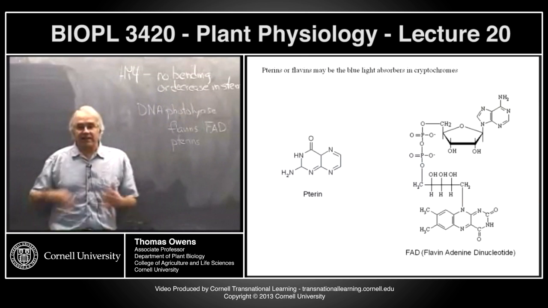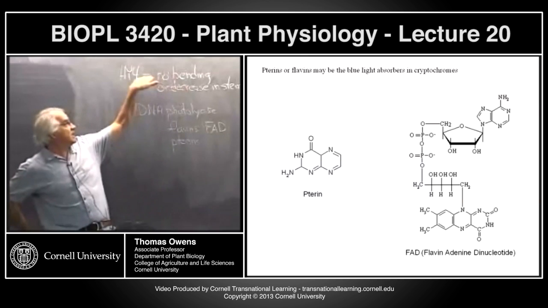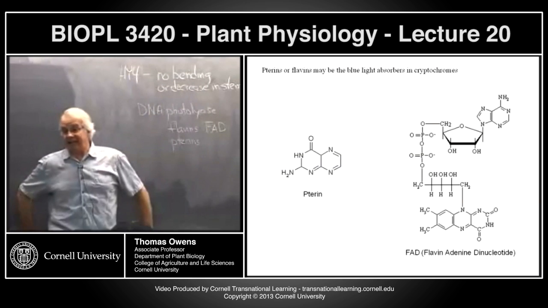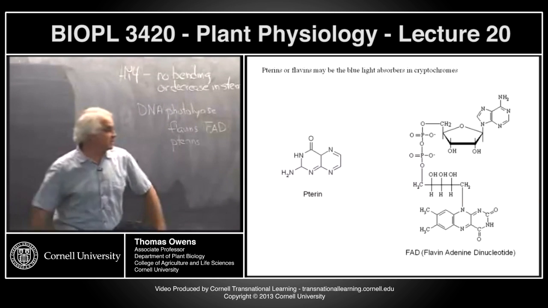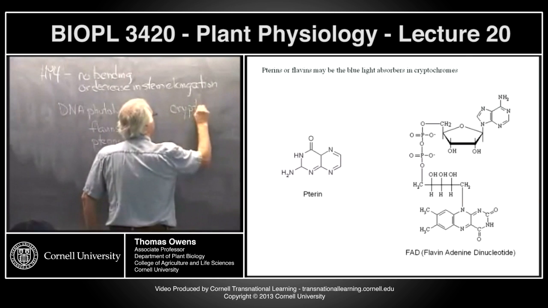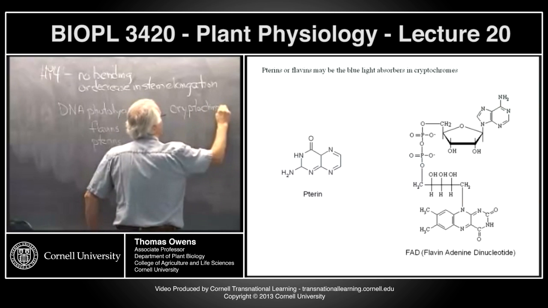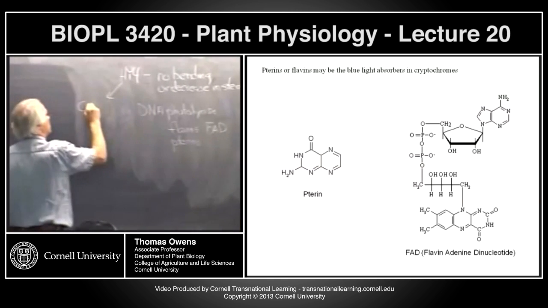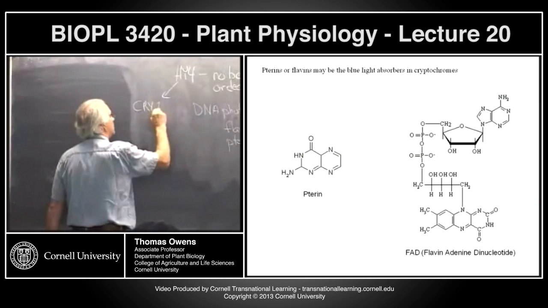Well, once they got this far, they wanted to distinguish hy4 from hy1, since hy1 was a phytochrome mutant. So they changed the name of this photoreceptor. They called them cryptochromes. And hy4 became Cry1.